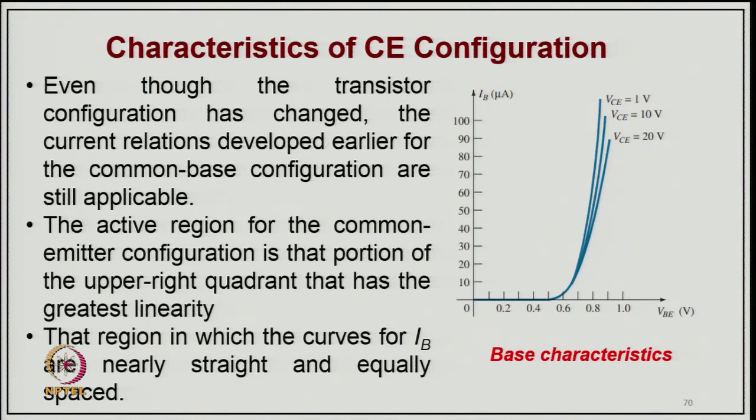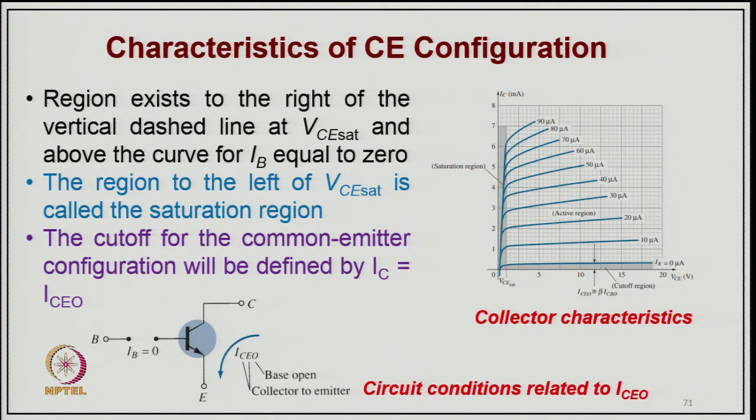The active region for the common emitter configuration is that portion of the upper right quadrant which has the greatest linearity, the region in which the curves of IB are nearly straight lines and equally spaced. And this is the characteristic between VCE and IC for different base currents.